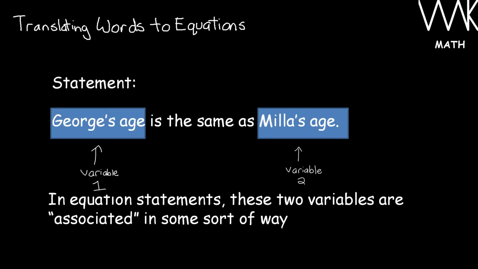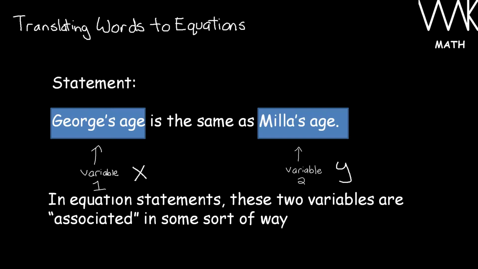In equation statements, these two variables are associated in some sort of way. So normally in a statement, after we identify the variables, how are they related to one another? So we have the variables highlighted in blue. How are they linked together? In this case, I'm going to use George as x, Mila as y, just because I like x and y.